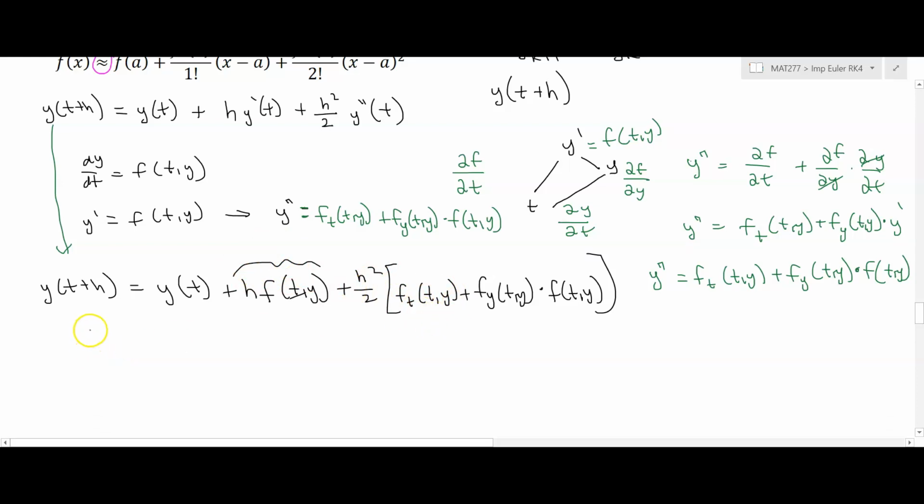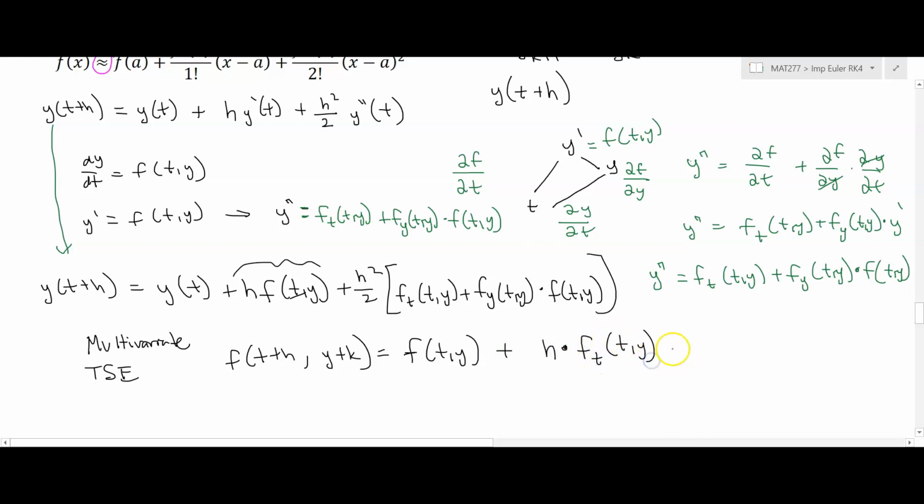We're going to do one more thing here, and this might not be something that you're familiar with, but the multivariate Taylor series expansion is going to look like this: if you have f of t plus h, comma, y plus k, this is going to come out to f of t comma y, plus h times f sub t with respect to t and y, plus k times f sub y with respect to t and y.